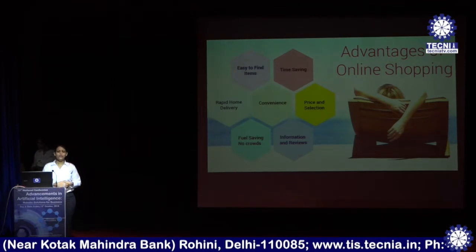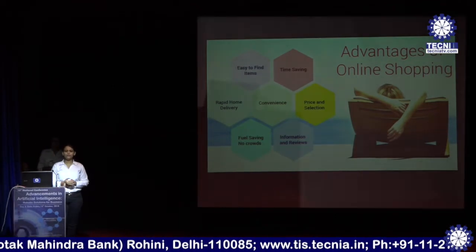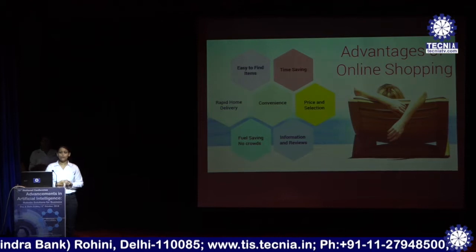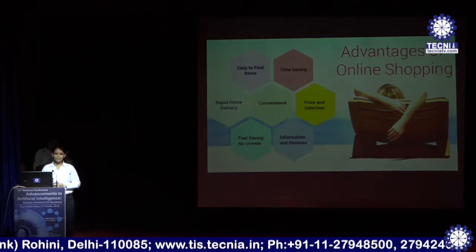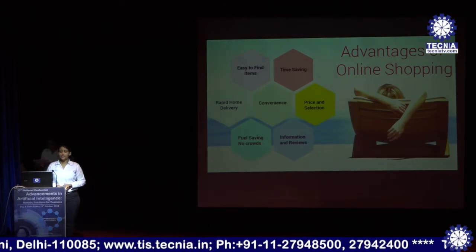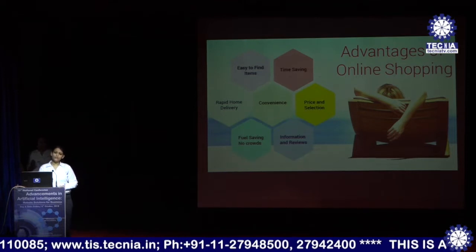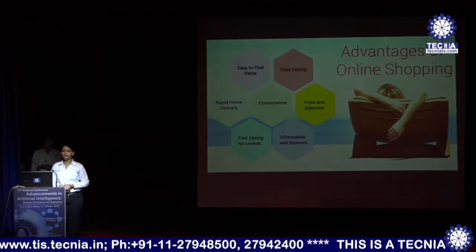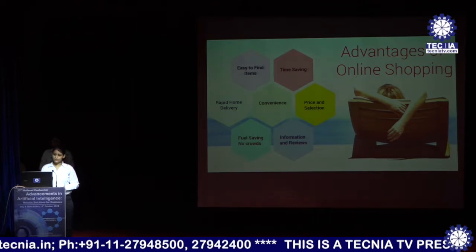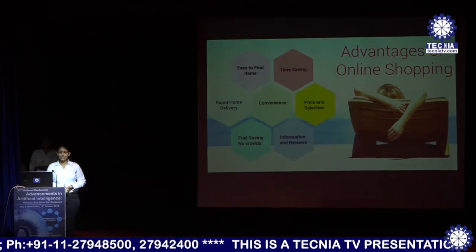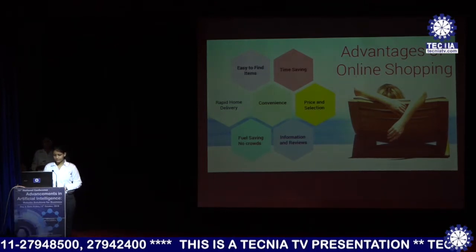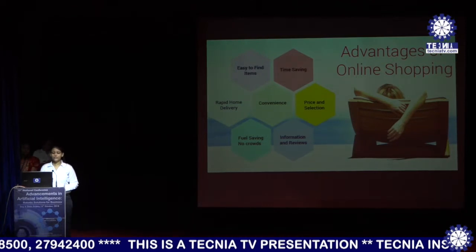As we all know, in day-to-day life, we always buy from little products to expensive products online. It is easy to find items. We can find everything from a book to a shoe or any other item over the internet. Time saving, it saves time. Price and selection, information and review.